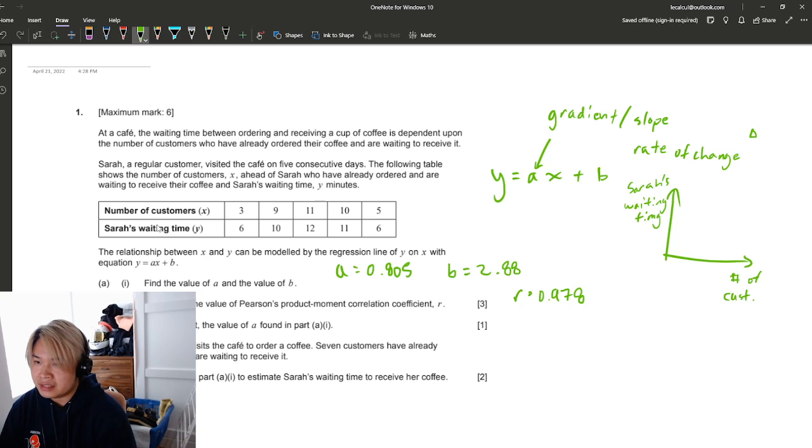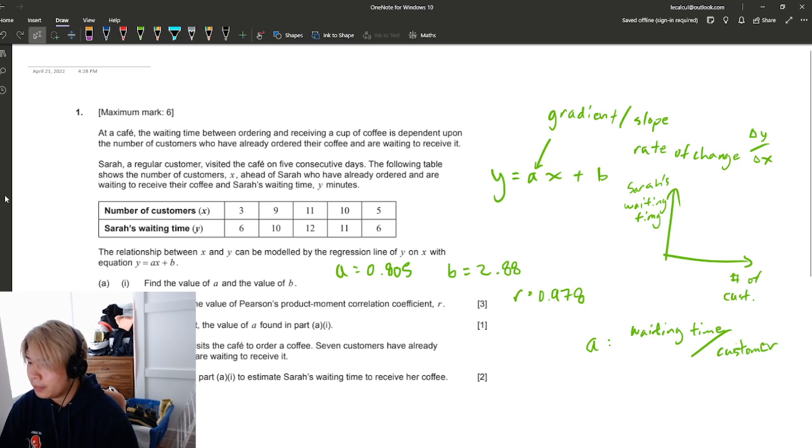So my rate of change is delta Y over delta X. In other words, A is Sarah's waiting time per customer. So 0.805 minutes per customer, because I don't know if this is in minutes, but yeah.